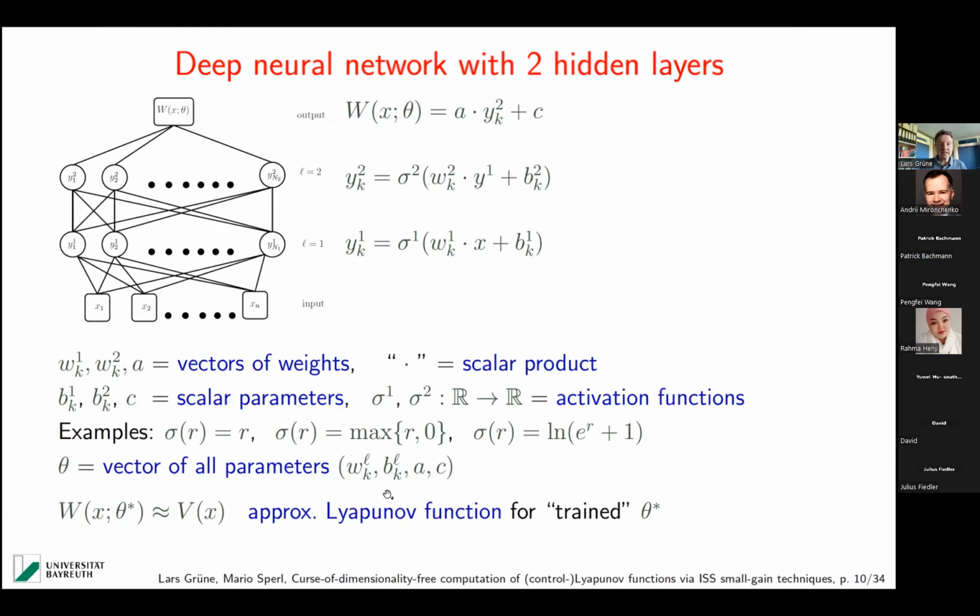And the training then simply means that you use optimization to get the best vector, so that this function that you express with the network best approximates the Lyapunov function v, right? So the theta star would be the best parameter vector. Well, usually you don't get the best, but something which is very good, right?